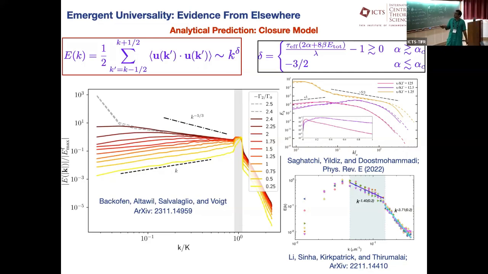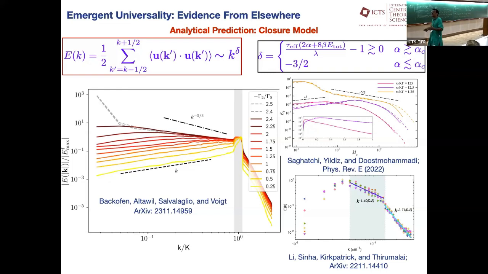All right. So do we have evidence from elsewhere showing this? These are snapshots of some other papers by other groups in other active systems as well. For example, in the Voigt group, we digitized the data and realized that, as people who have done numerics know, it's hard to tell -5/3 from -3/2, right?